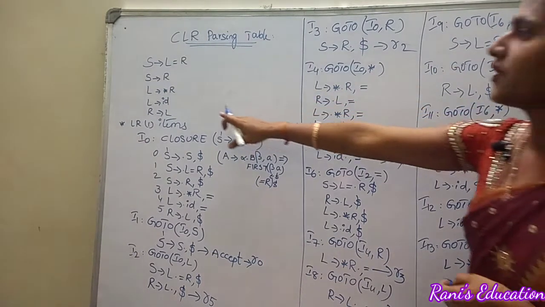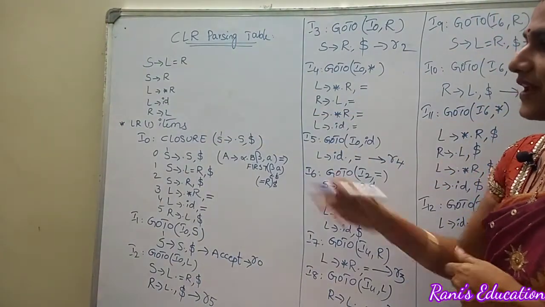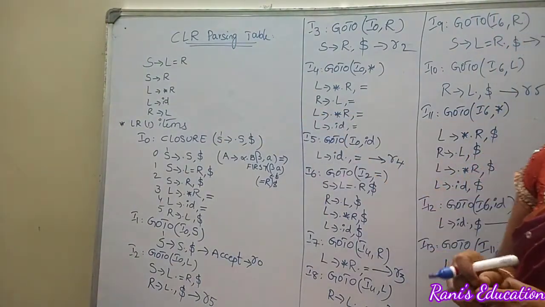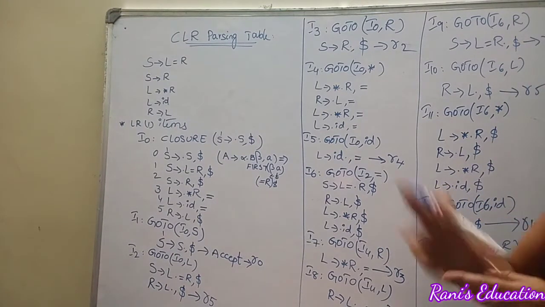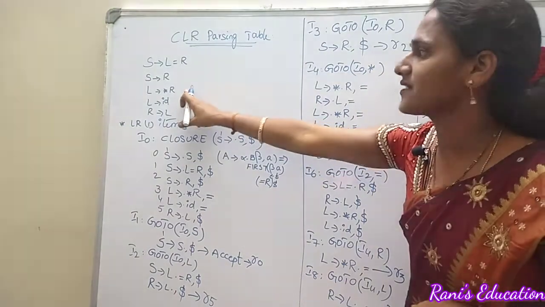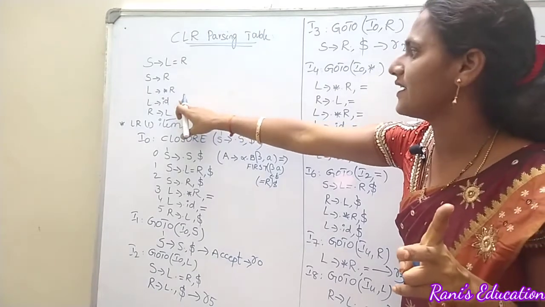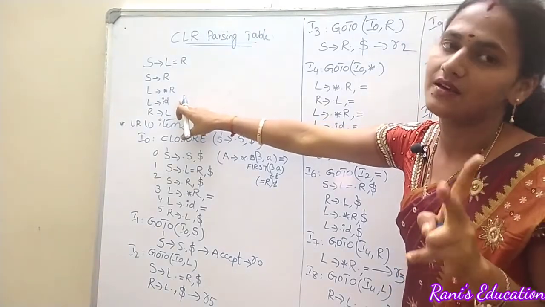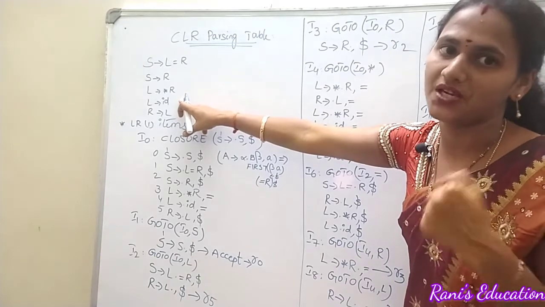Now move on. What is follow of L? Follow of L is dollar and equal, right? That means we'll get two reduce entries for the same production. So for L → star R we'll get the reduction number twice, and for L → id also. The same reduction number will appear twice.